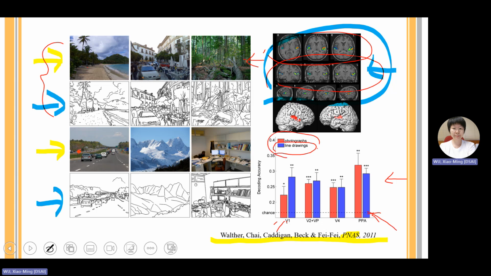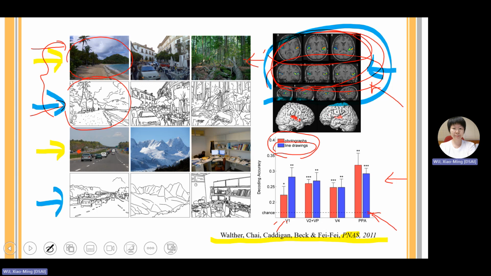Okay, the algorithms were equally capable of guessing image categories, regardless of whether it's the activations of real photographs or the line drawings. And this shows that our brain activities respond similarly to real photos and line drawings.